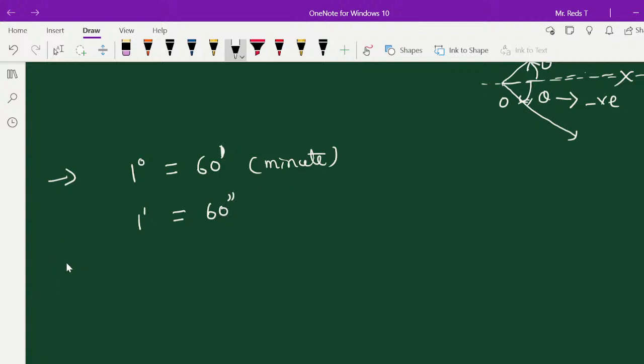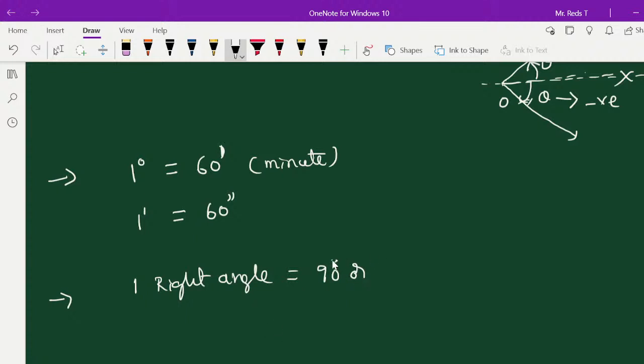We also have to remember that one right angle is equal to 90 degrees.